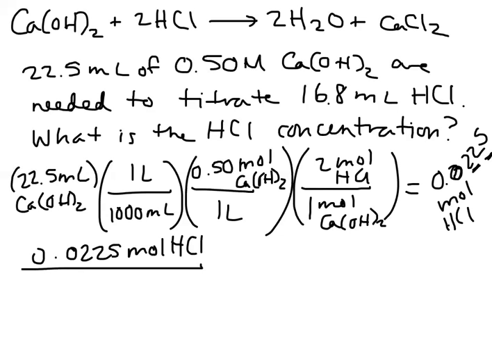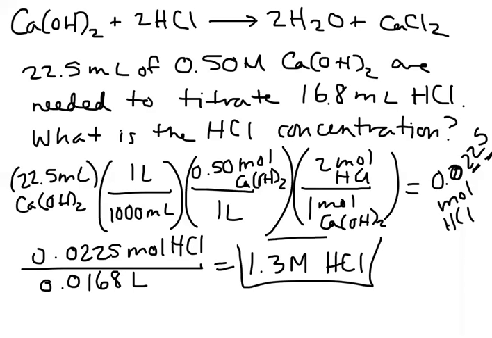It's not in liters. I have to convert my 16.8 milliliters into liters, which you have to divide by 1,000. So it's 0.0168 liters. And finally, because we have those 2 sig figs, it's going to be 1.3 molar HCl. And you've just determined your concentration by titrating with calcium hydroxide.